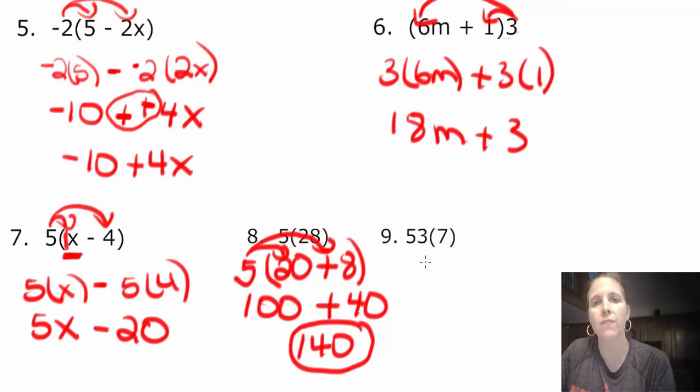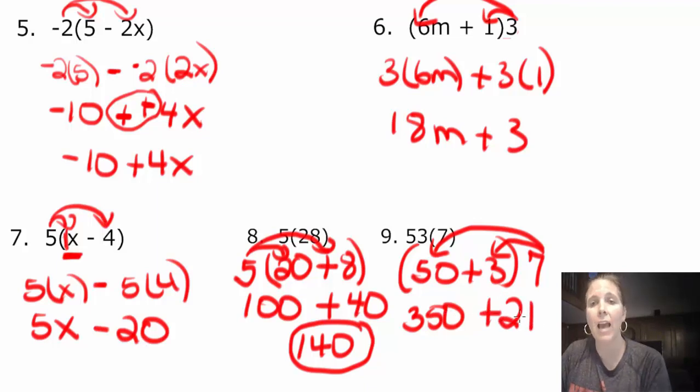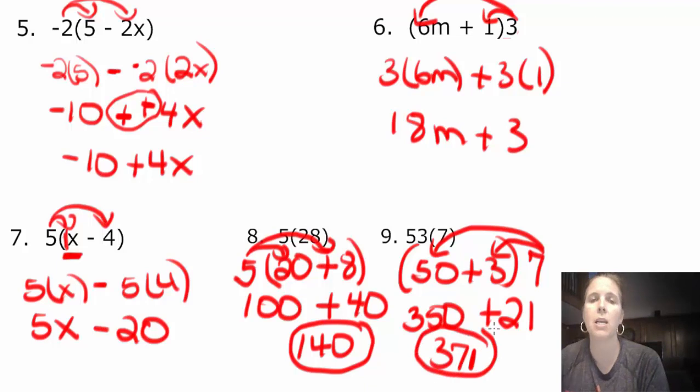You could do 50 plus 3 all times 7, and you do the distributive property. Okay, 7 times 50 is what? 350 plus 7 times 3, which is 21. That's easier to add than trying to multiply this in your head. So 371. So it's just trying to make you think of how to do things a little simpler.